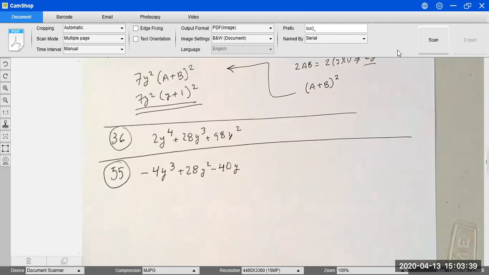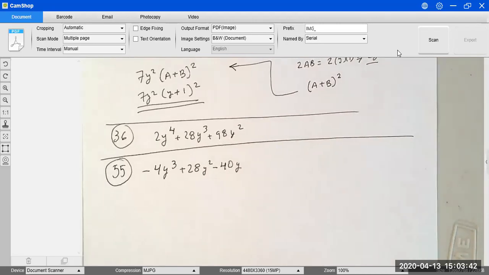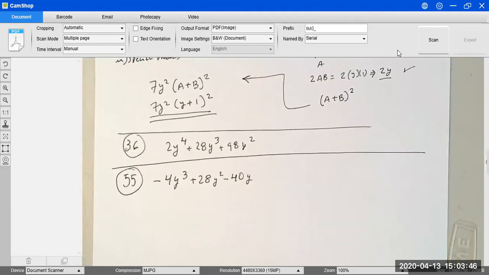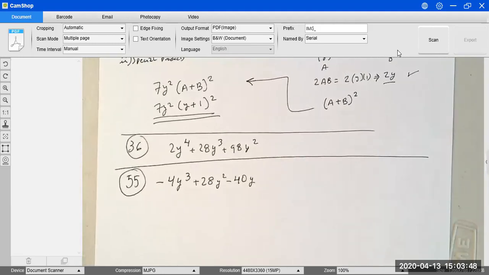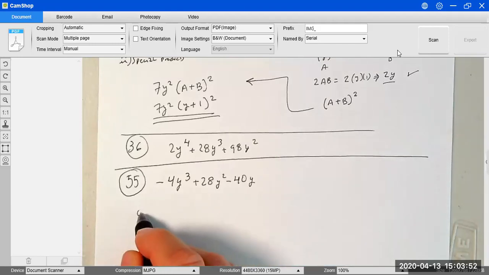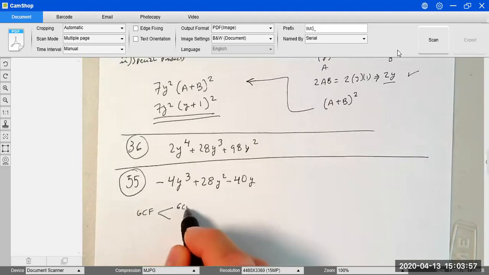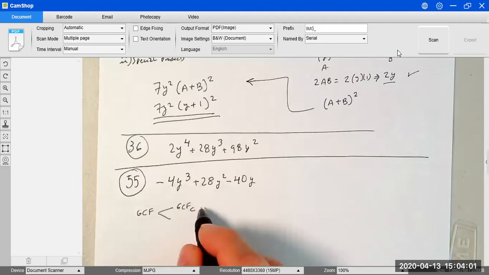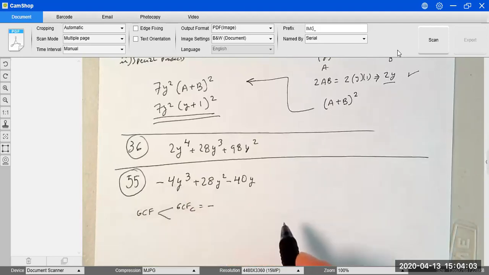So now we have problem 55 on the same page, 462. So now we have a trinomial. So again, we're going to start with factoring the greatest common factor if possible. So you can have here the greatest common factor for coefficients. In this case, the leading term is negative, so you're going to use the negative sign.